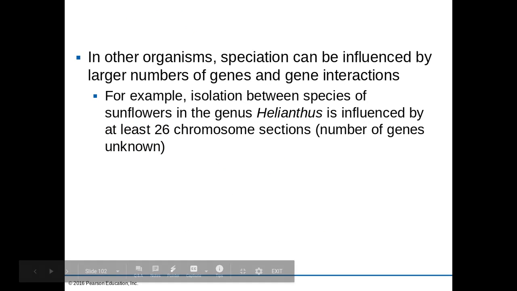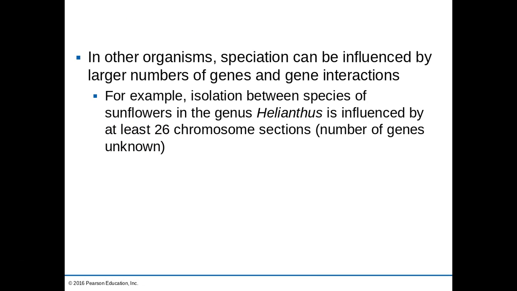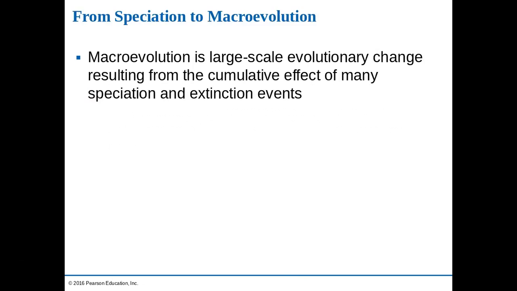For many other organisms, speciation can be influenced by large numbers of genes and gene interactions, like we see with the Helianthus sunflower. There are about 26 chromosome differences that cause that hybrid to become its own species.